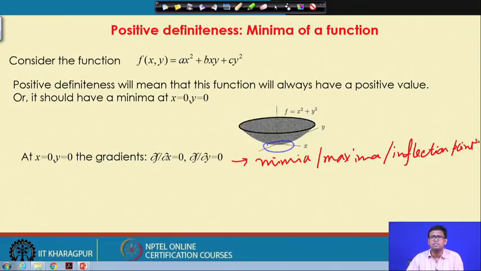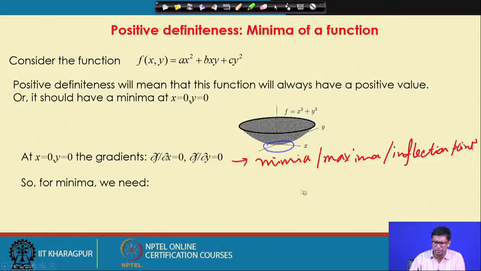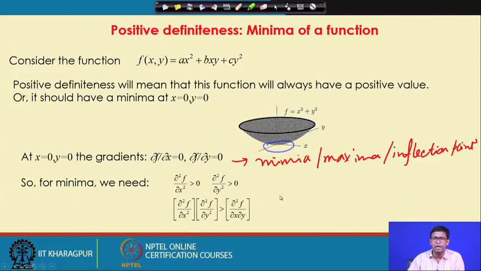So, what are the tests that it should be a minima? The test is that the second derivatives should be greater than 0, with respect to x and y, and, to rule out an inflection point, del 2 f del x square into del 2 f del y square should be greater than or equal to del 2 f del x del y squared.